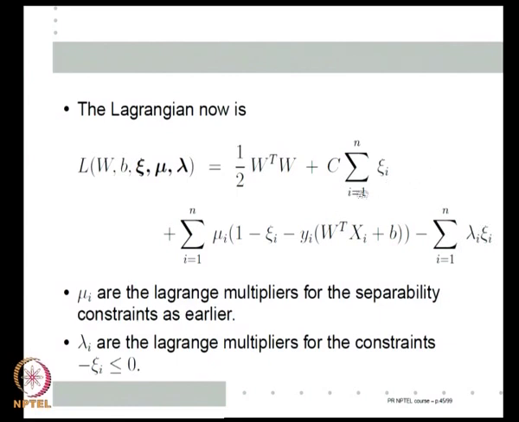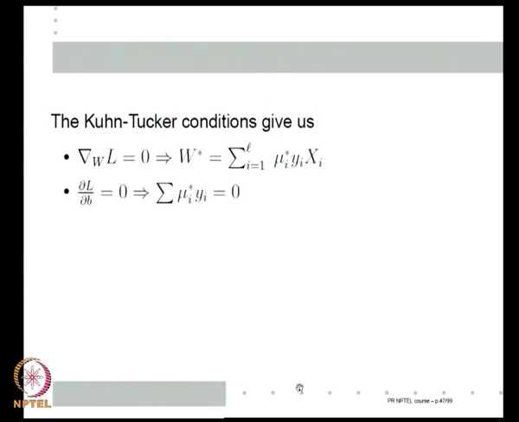There is one Ji here, so I get a C term here, a minus mu I from here, and minus lambda I from here. So C minus mu I minus lambda I is equal to 0 for each I, which is the same as mu I plus lambda I equal to C for each I. So the derivative with respect to the remaining optimization variables tells me mu I star plus lambda I star is equal to C for every I.